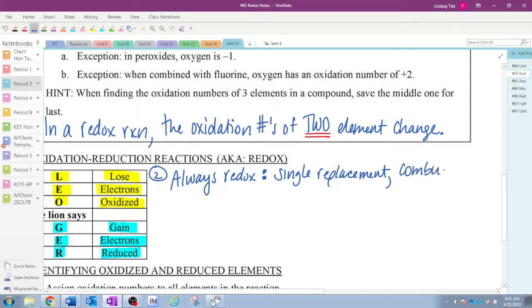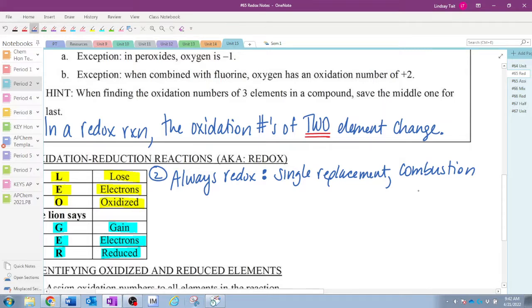Also, any combustion reaction, which if you remember, the most simple definition was reacting with oxygen, anything that had plus O2 on the reactant side. Most combustions, though, did use hydrocarbons, those like CH4, C2H6, C3H8, reacting with oxygen to form carbon dioxide and water.